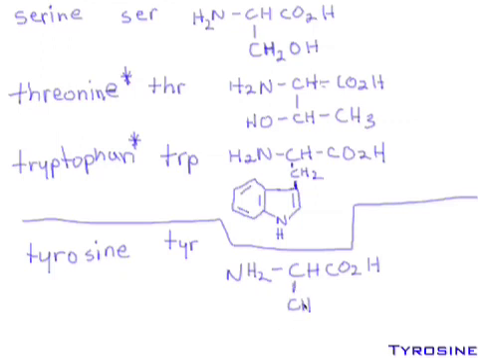Tyrosine looks a lot like phenylalanine, in that you have an aromatic ring attached to a CH2. By the way, it's very easy to forget that CH2, so be careful. But para to the CH2 is an OH group. So tyrosine puts an OH para to the CH2 group.